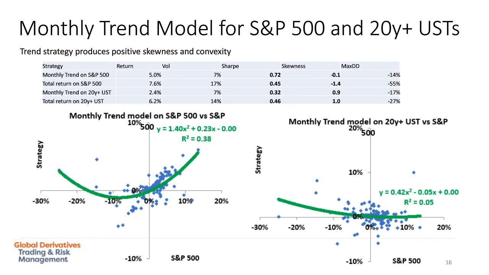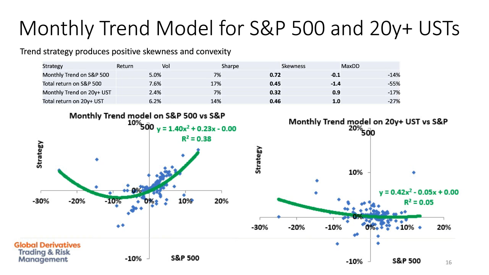Here I show an example. Usually CTA type models use monthly signals. In this example, I use an ETF on the S&P 500 and a bond ETF.